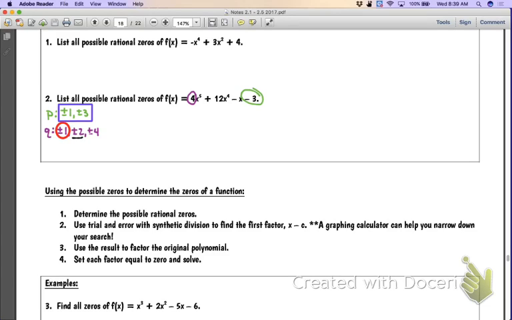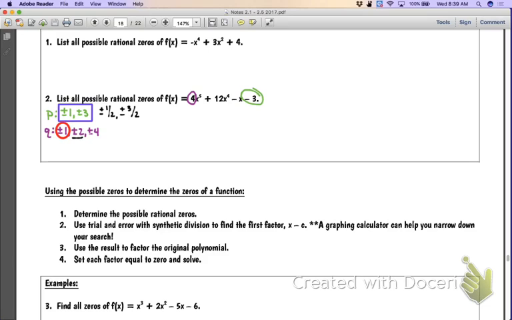If I'm going to add to my list, I'm not going to rewrite the list usually. I'm just going to tack on whatever else I have. So I'm going to have plus or minus 1/2, and plus or minus 3/2.